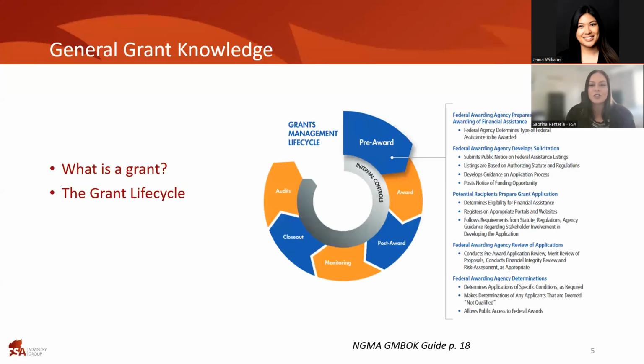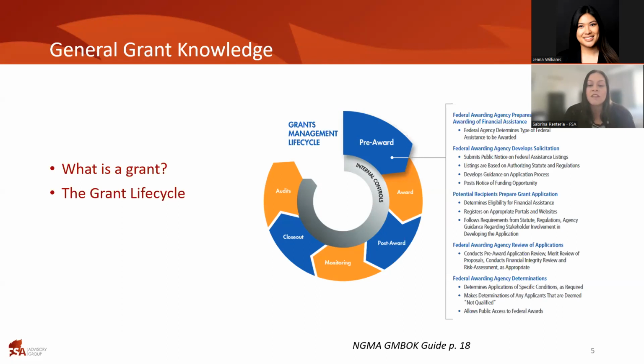First things first, what is a grant? A grant is a way that the government funds your ideas and projects and really to provide public services and stimulate our economy. Grants support critical recovery initiatives, innovative research, and many other programs that are listed in our catalog of federal assistance, so our CFDAs.